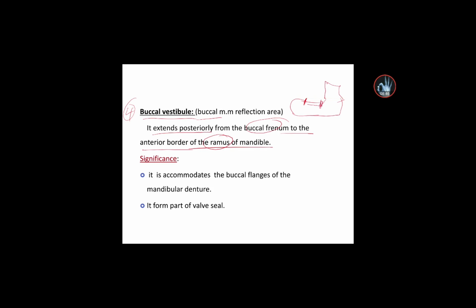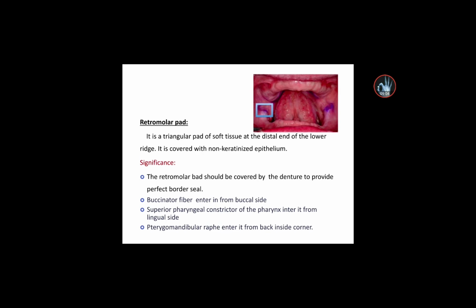Okay, this is the buccal vestibule. The significance, the importance of this area: it accommodates the buccal flanges of the mandibular denture, and it's a part of the valve seal as in the labial vestibule. يعني نفس الفكرة حق labial vestibule.